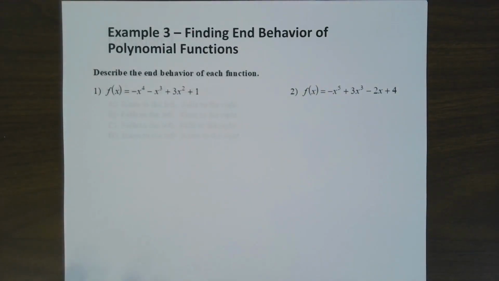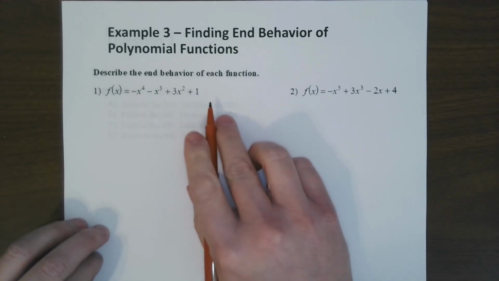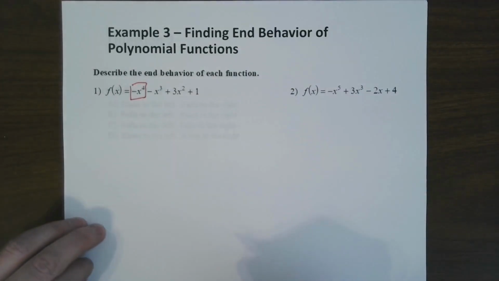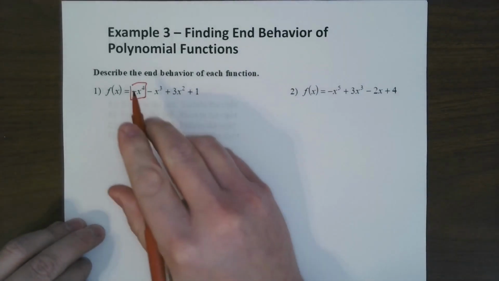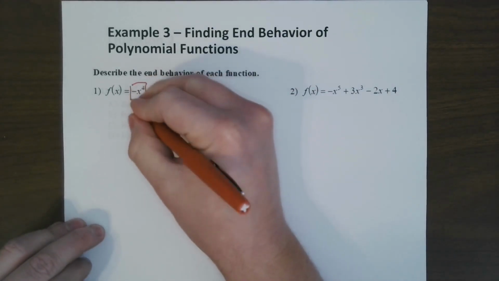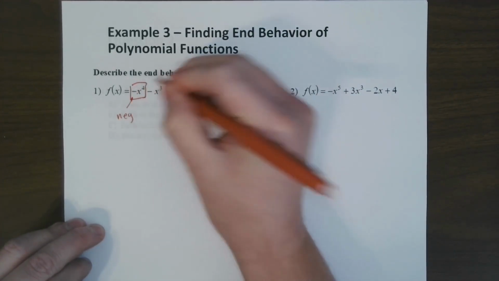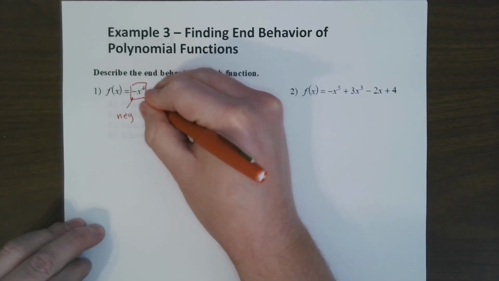So let's go ahead and find the end behavior and describe it. We're just going to use words to describe it, nothing else. So notice this is in standard form. So all we have to do is focus on this part right here. So if we take a look at that, the coefficient is negative. And we see that 4 is even.